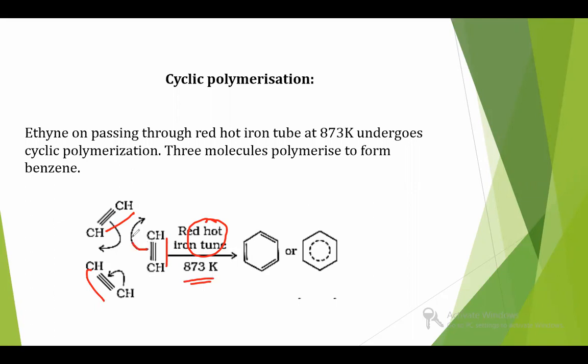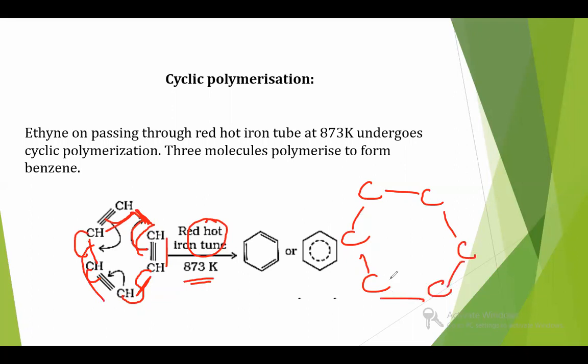One bond will be shifting, an electron shifts here and forms a bond, one electron shifts here and forms a bond, and one more electron shifts here and forms a bond. It is nothing but carbon, carbon, carbon, here carbon, here carbon, and here carbon. Now in total, this is one pair, this is one pair, this is one pair. I'll change the color.